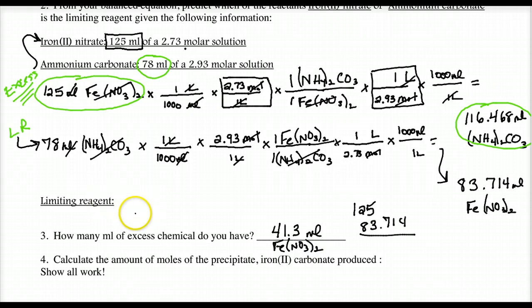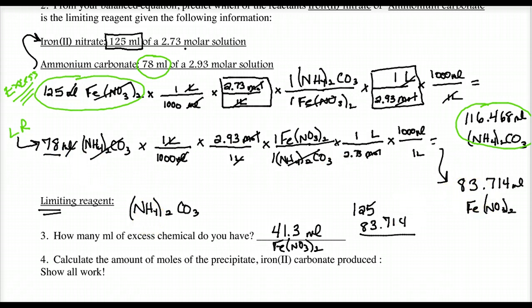Who the limiting reagent is, of course, that's the ammonium carbonate. It's the chemical that runs out first. It limits the reaction because we have enough of the other to make it totally disappear. Notice this didn't totally disappear, so what stopped or limited the reaction was this chemical, because we had more than enough of the other to make it work.